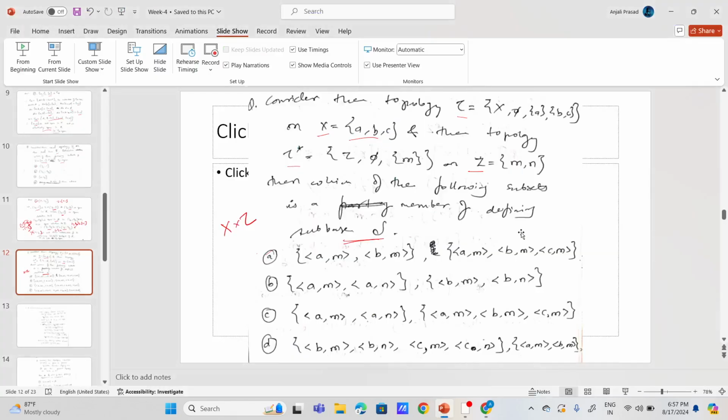So this says that you have been given two sets X and Z, and topology tau and tau star defined. Which of the following subsets is a member of the defining subbase S? So we need to find the members of the defining subbase. That is, we are talking about the product topology X cross Z. So is it option A, B, C, or D?